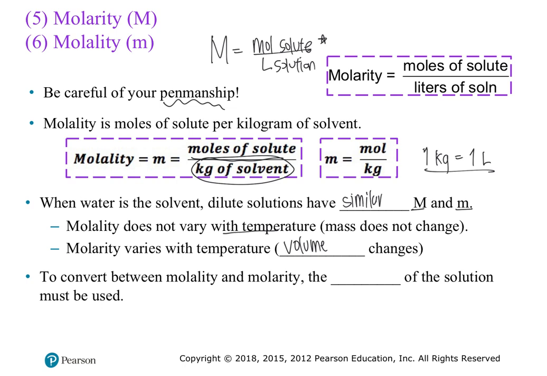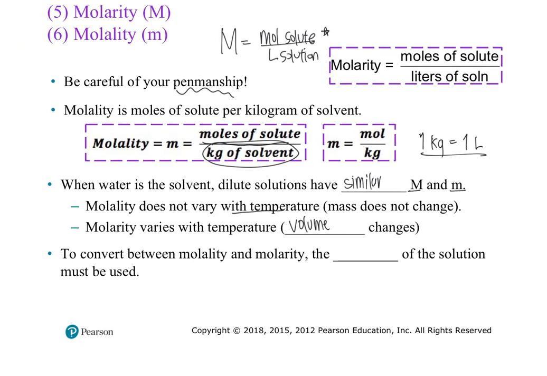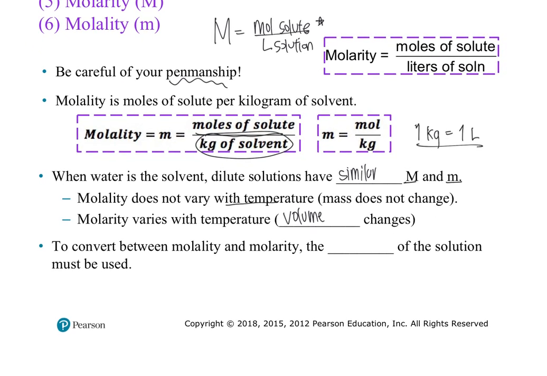So when we are going to be doing boiling point and freezing point calculations later and seeing how that will change with temperature, we're going to be using molality because it's going to be a constant value and it won't be different at different temperatures. But we can also convert between molality and molarity by using the density of the solution.